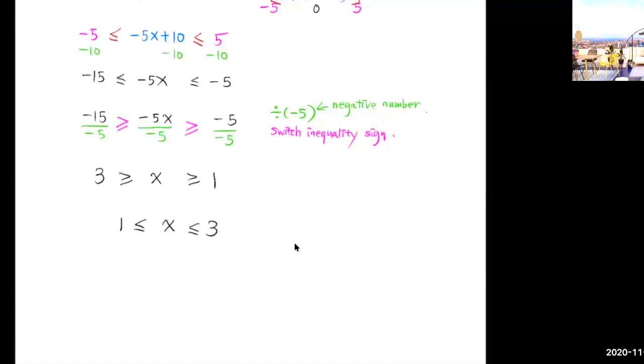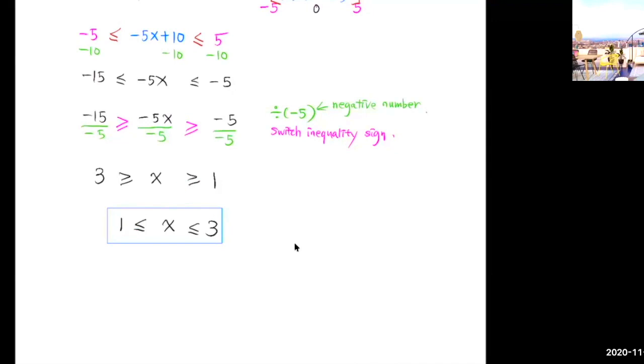These two are equivalent as long as the tip points to the same quantity. You read this as x is greater than or equal to 1, and over here you also have x greater than or equal to 1. It's the same thing.